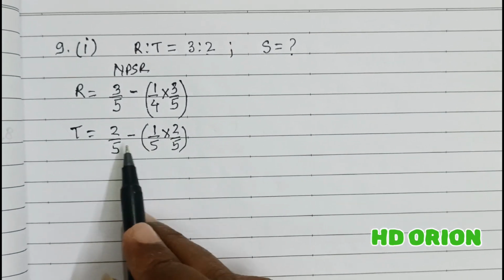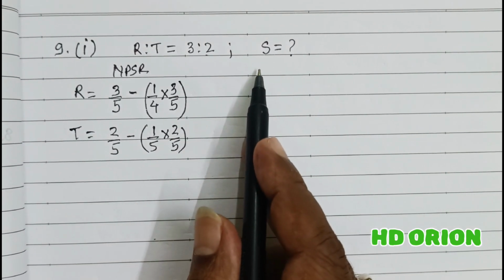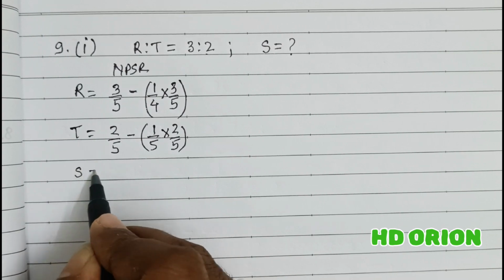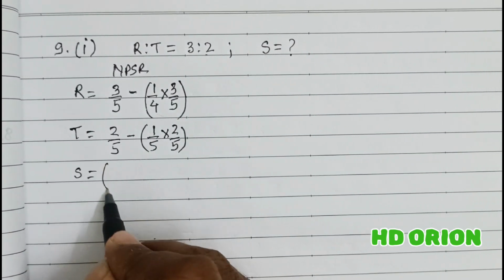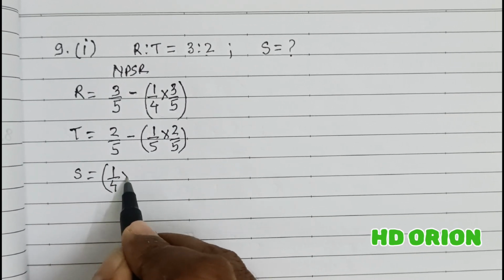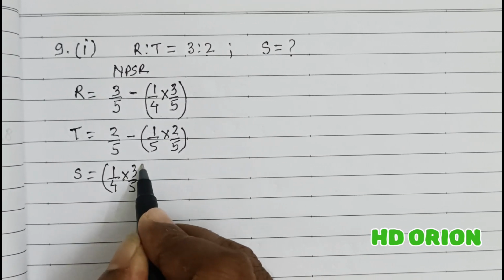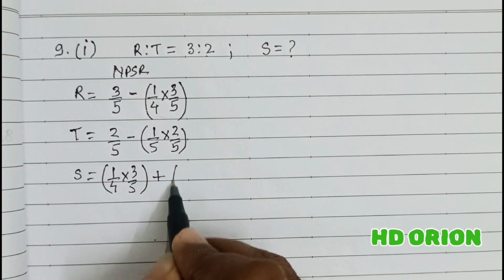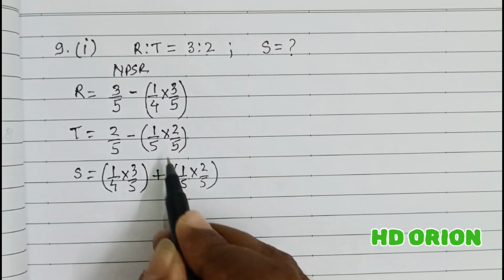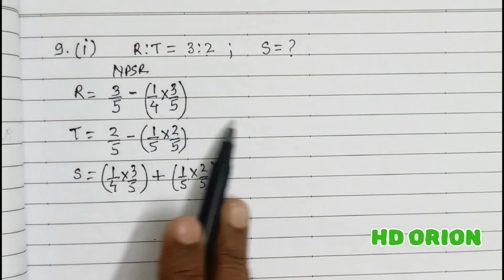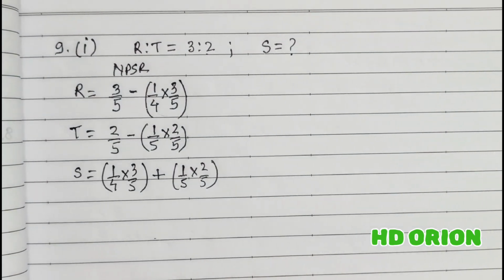So this much is sacrificed by T for S. And therefore S is receiving how much? Both the brackets. Fine. So it is 1/4 into 3/5 from partner R plus 1/5 into 2/5 from partner T. Now when we solve this, we will get the new profit sharing ratio.